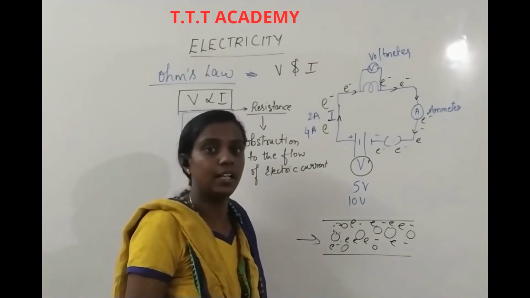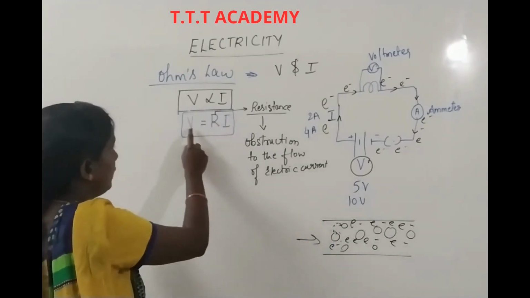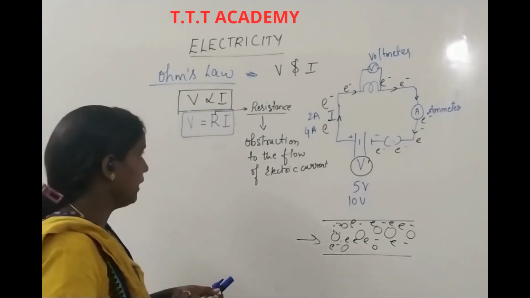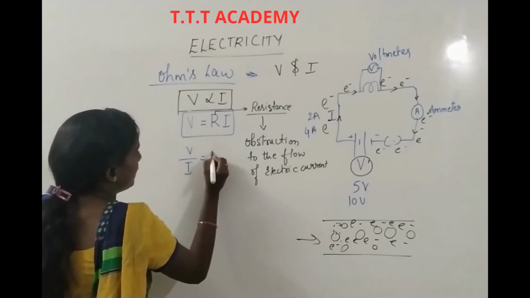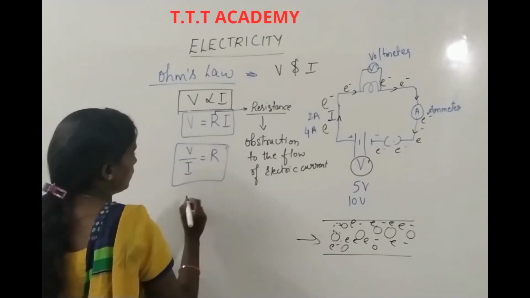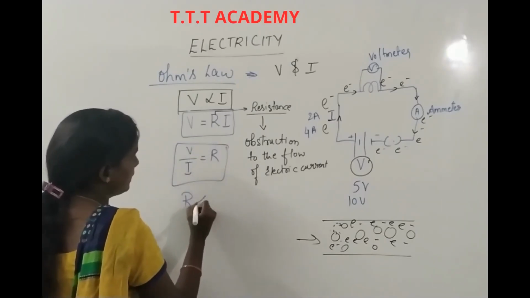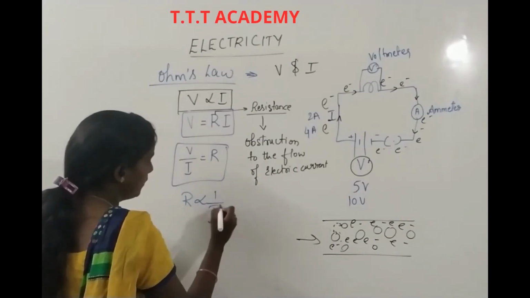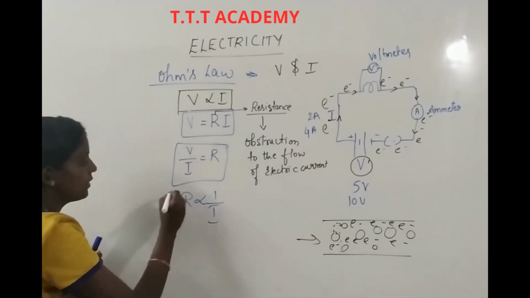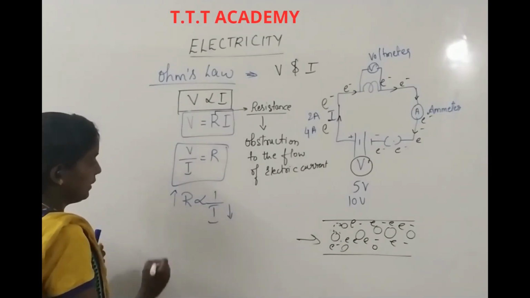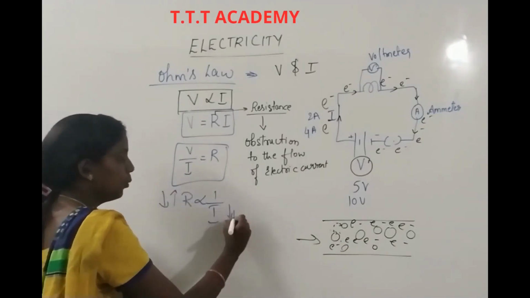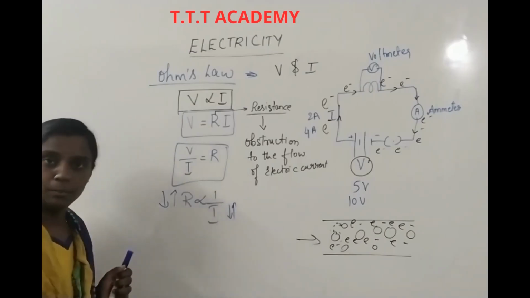Now you see V is equal to R into I, so V divided by I is equal to R. So R is inversely proportional to I. When there is more resistance, less electric current will flow. When there is less resistance, more electric current will pass.